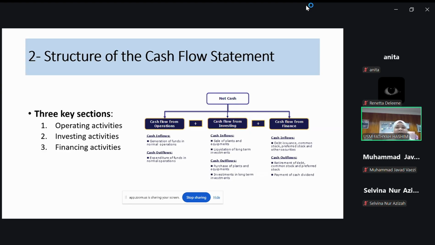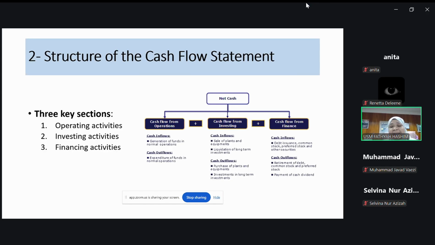So now we come to the structure of the cash flow statement. As mentioned, and as all of you are already aware, I hope most of you know or have seen an example of a real cash flow statement.